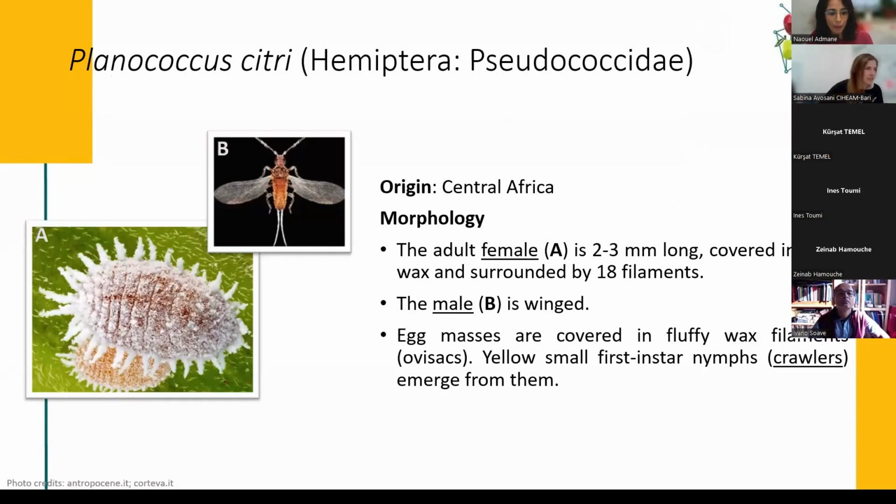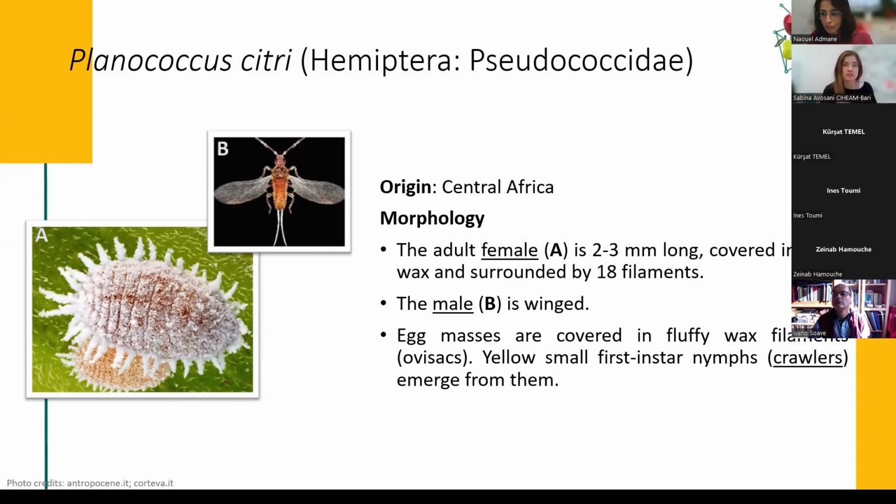So, as I said, the adult female is a convex reddish insect, while the male is winged, and once fertilized, the female lays the eggs, which are covered in fluffy wax filaments called ovisacs that you can spot and detect on the plants and the fruits.